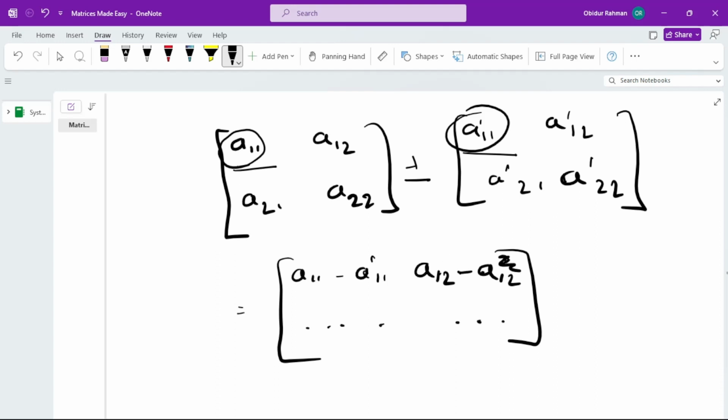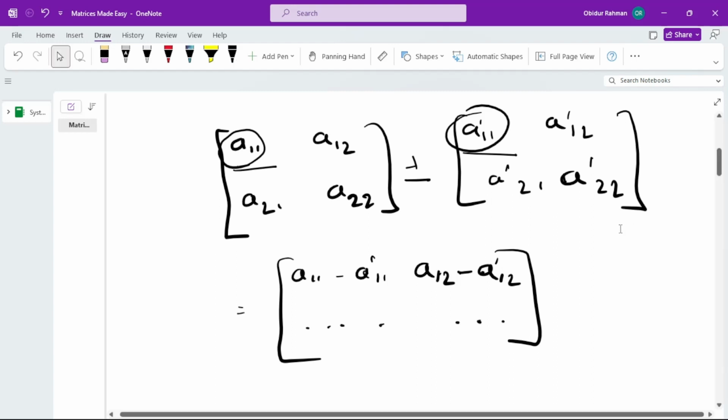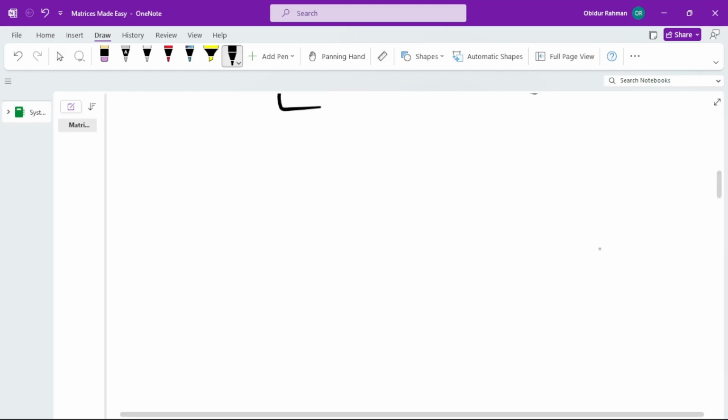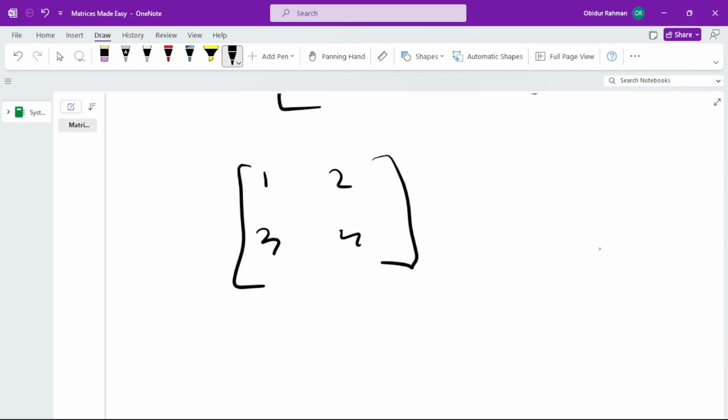I made a little mistake here. Let's do an actual math. The first matrix is 1 2 3 4. The second one, I apologize for my bad handwriting, is 5 6 7 8. Easy.